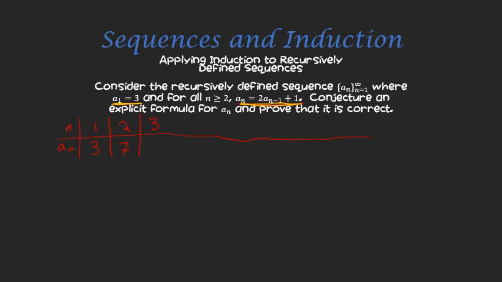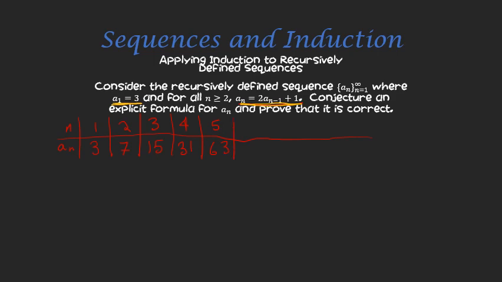For 3, we'll take 7, multiply it by 2, and then add 1 to that, so we'd get 15. For 4, we'd get 15 times 2, that's 30, plus 1, that's 31. Let's go maybe 2 more and see if we see it. For this one, we'd get 62 plus 1, we'd get 63.